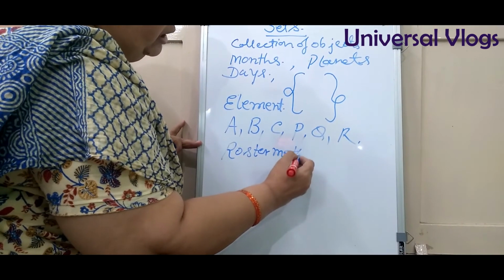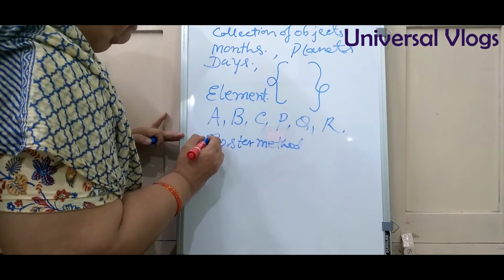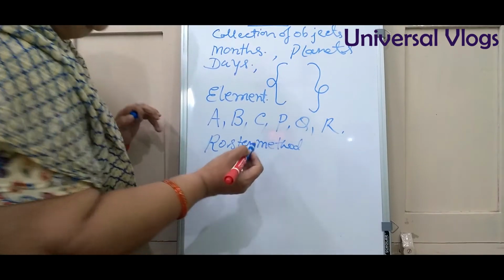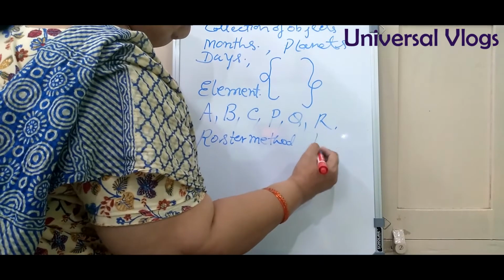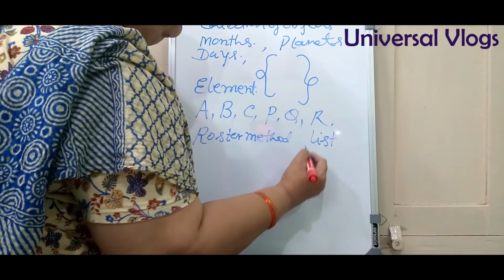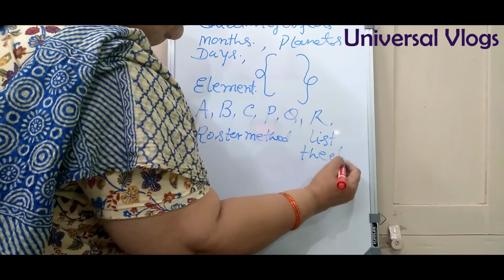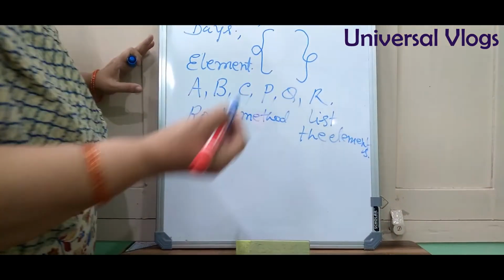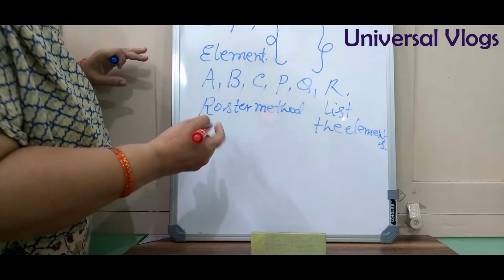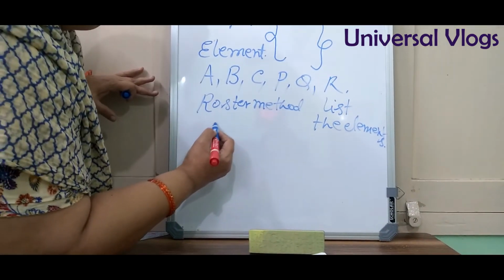We call it the roster method. When do we call it a roster method? In the roster method we list the elements individually. Say, for example, the set of even numbers between 2 and 10.